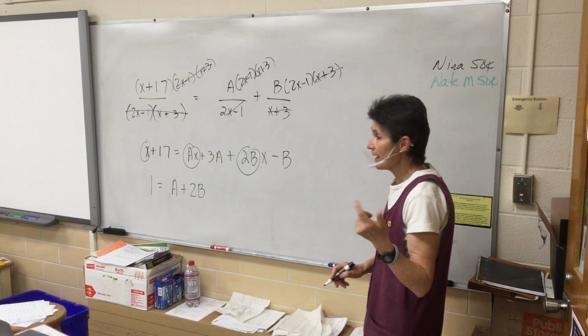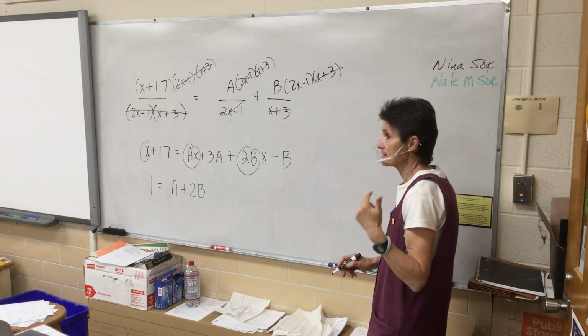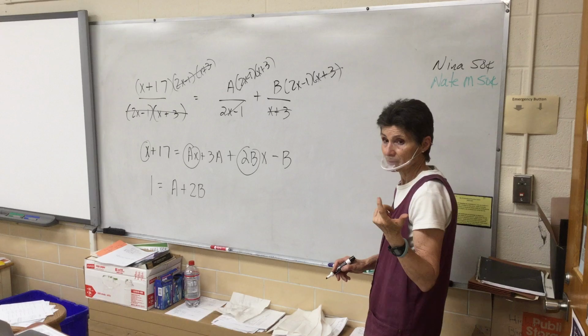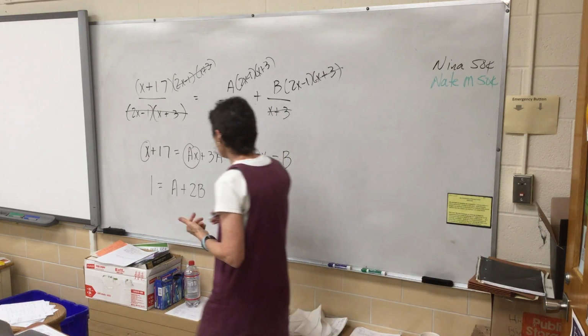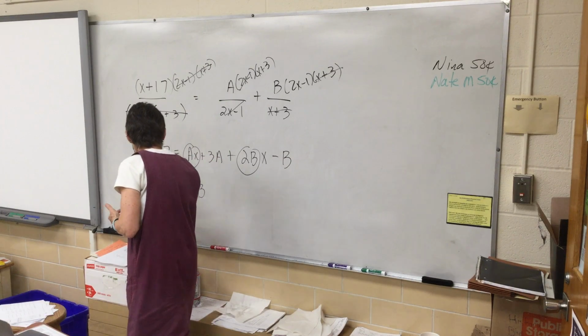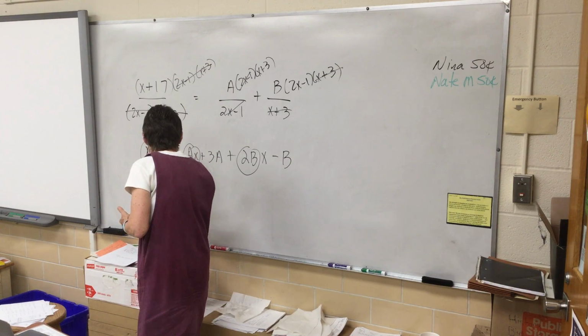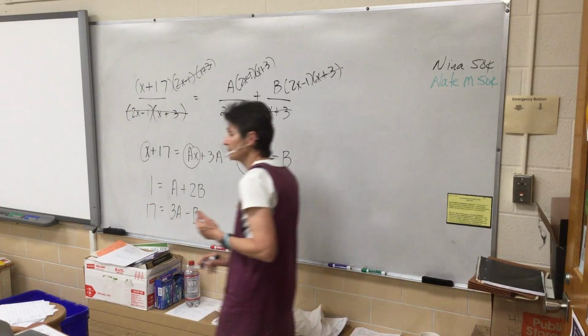The x's aren't part of that, it's the a's and the b's, it's the coefficients that need to match. And then the things that don't have x's, like 17 and 3a minus b, they have to match.